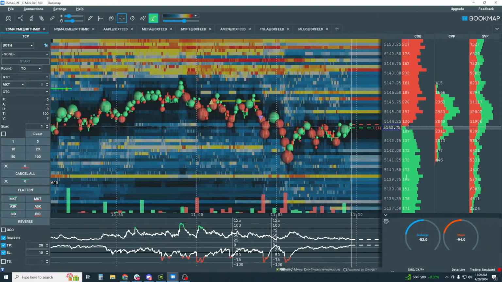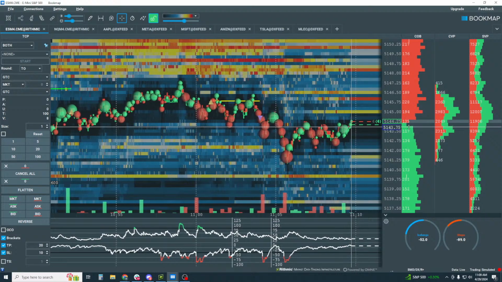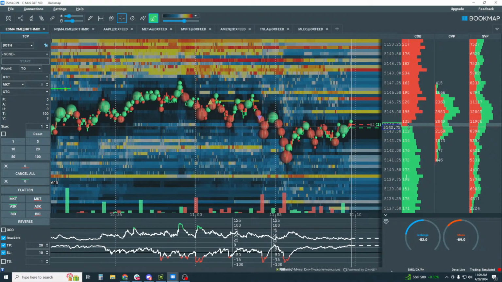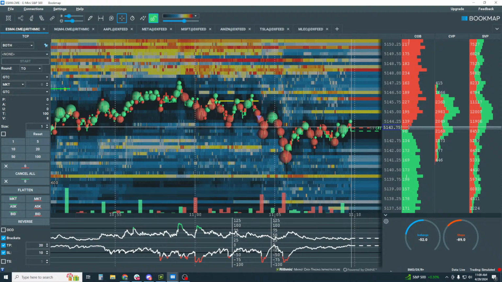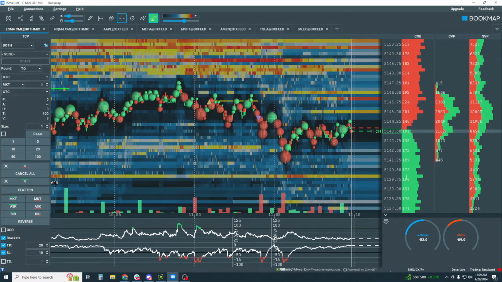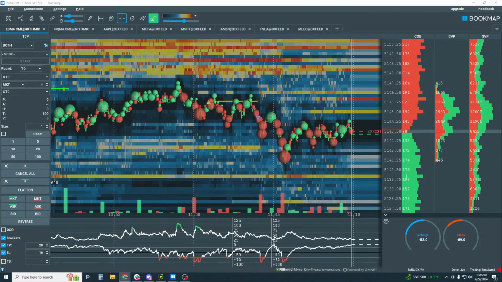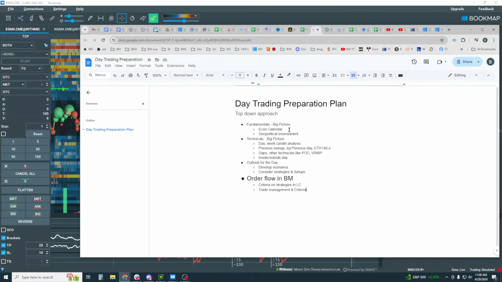So, people are thinking this way, and this is how I fit it into my trading plan, right? Here we can go over our document again, and our preparation. So fundamentals, bigger picture, it's in this area here that I would put that together. What are they expecting?